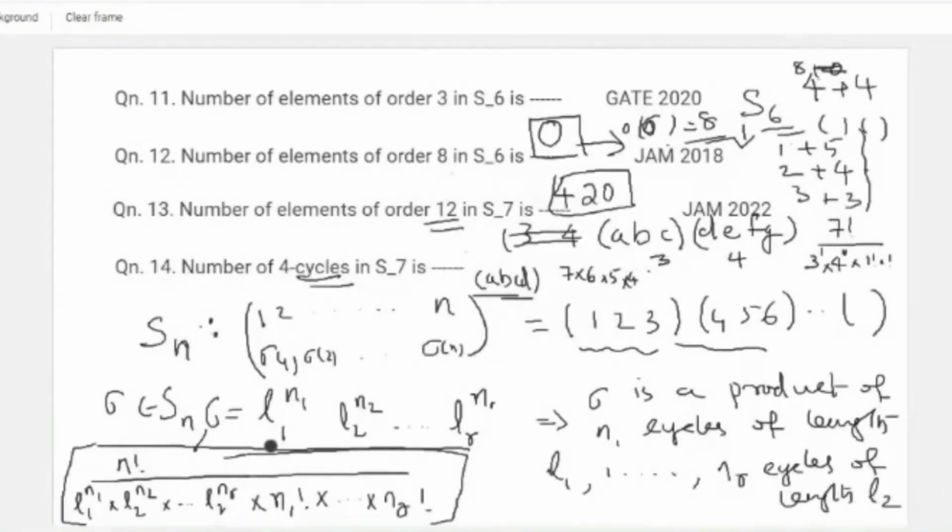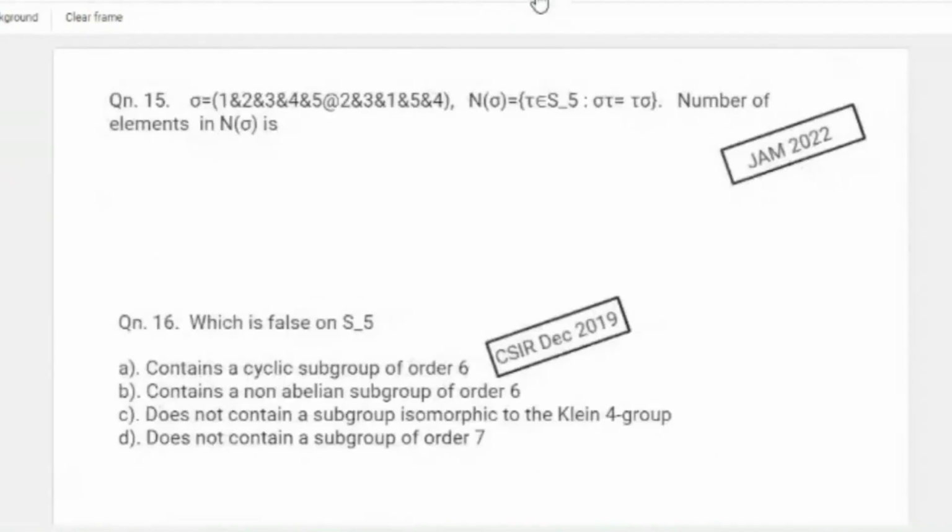Or you can use the structure formula: 7 factorial divided by 4 raised to 1 into 1 factorial. That also will give the answer.